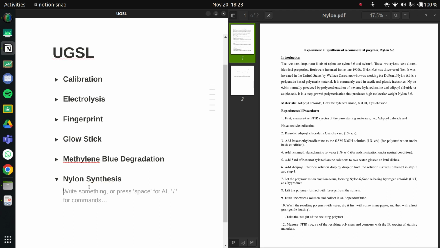So the two most important kinds of nylons are nylon 6 and nylon 66. Okay.